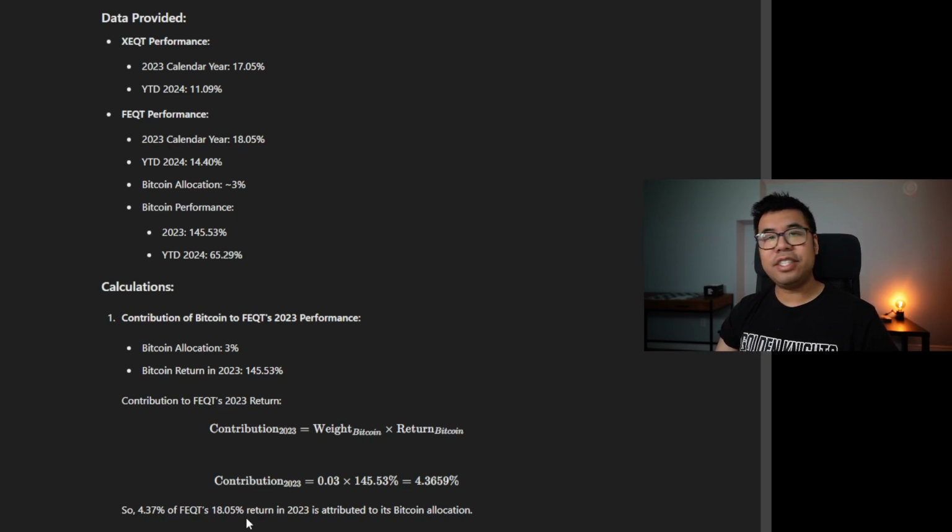So of FEQT's 18% return, 4.37 of that is due to the Bitcoin allocation. So the rest of the portfolio actually underperformed XEQT. But of course, I stay consistent. I don't value that outperformance too much because with factors, it could take decades for the benefits to show up.